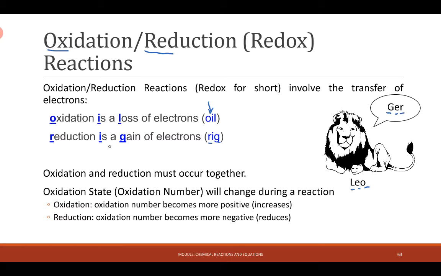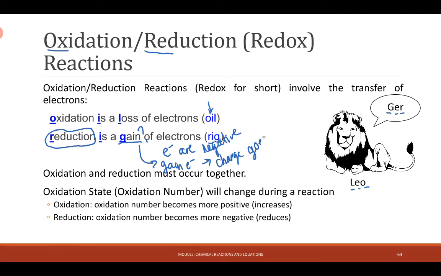Now, it might seem a little backwards at first to say that reduction is gain, because reduction itself means go down. And so we have to remember that electrons are negative. And so if we gain a negative, we go down in charge. If we gain electrons, then our charge goes down.